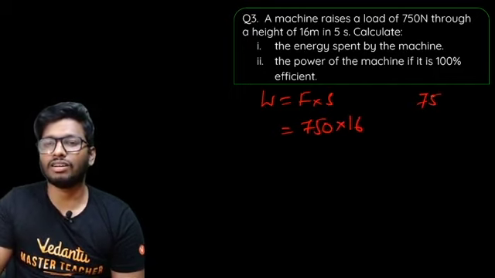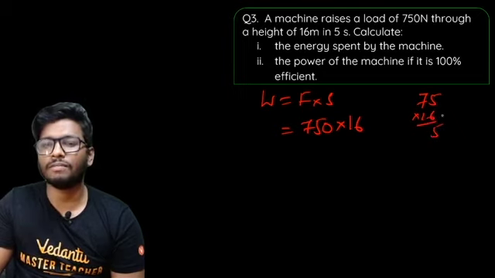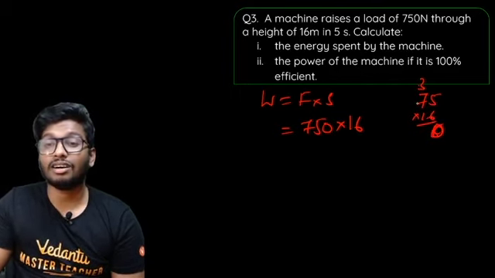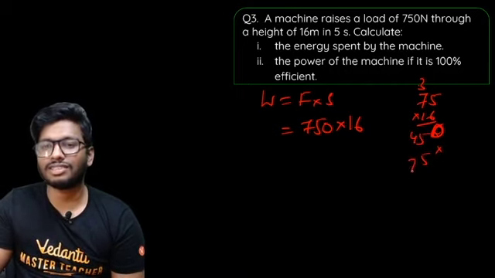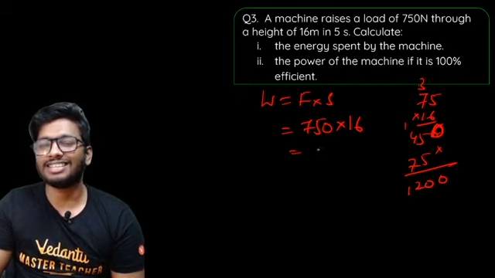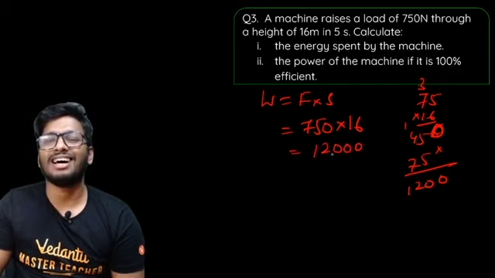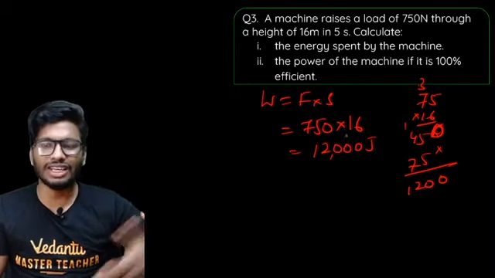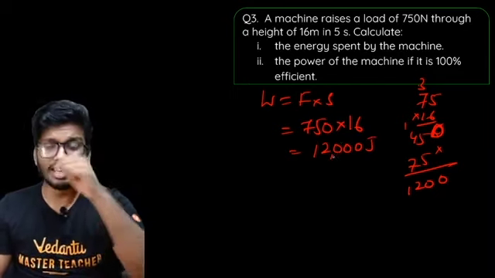So that is 75 into 16, which gives 1200. So that's 12,000 joules. So the energy spent is 12,000 joules. Now to talk about the power.